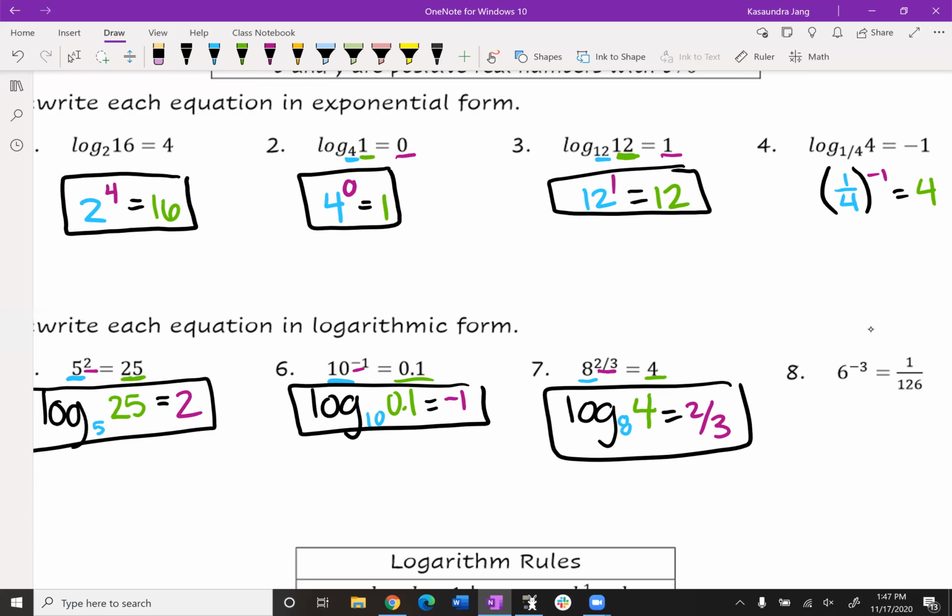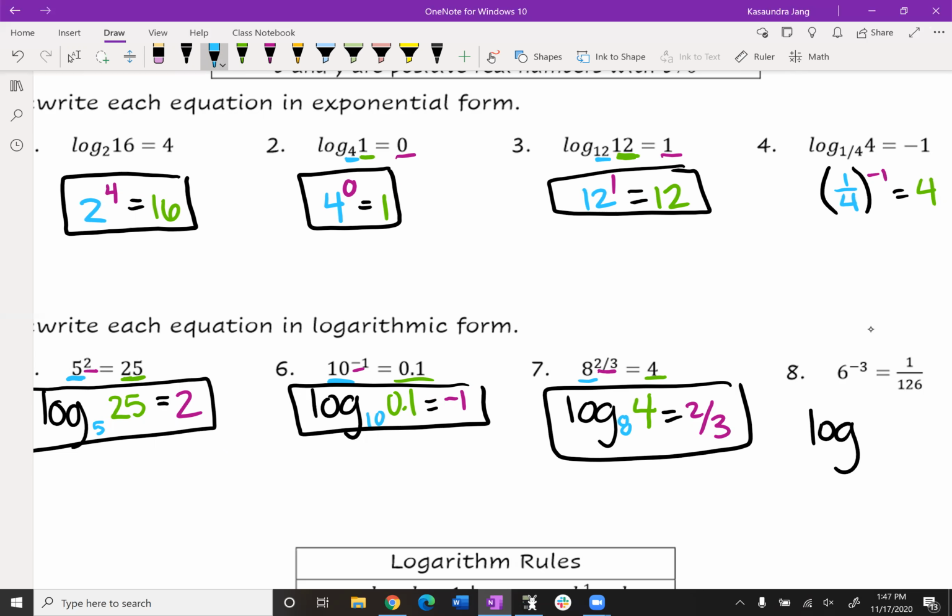What is the base on number 8 here? Okay, I will need that, but not necessarily as the base.